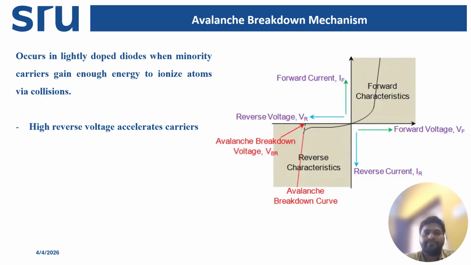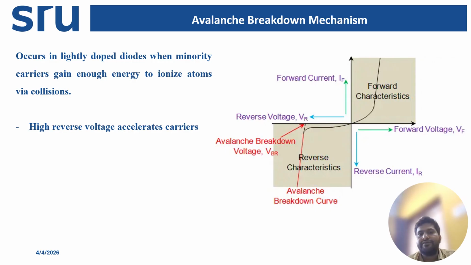Because the diode is lightly doped, the depletion region is wide, therefore a higher reverse voltage is required to create a strong electric field. So next is what happens in reverse bias.